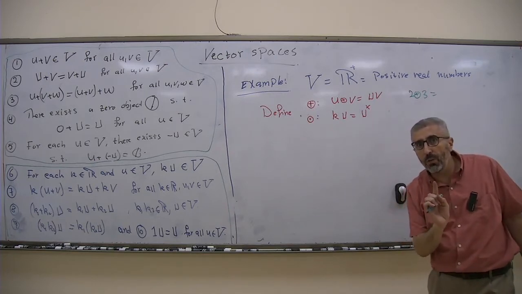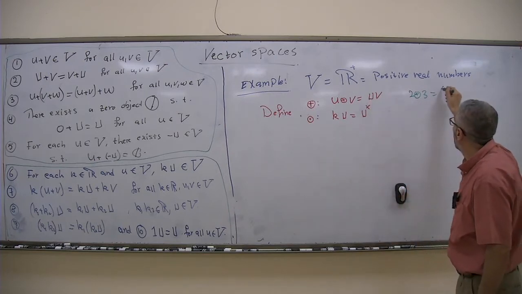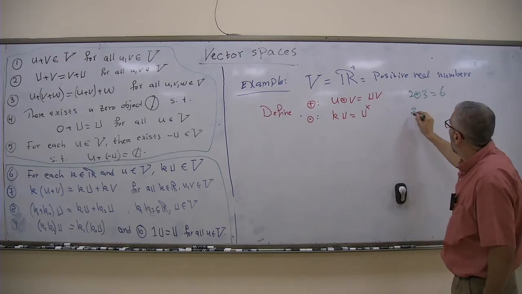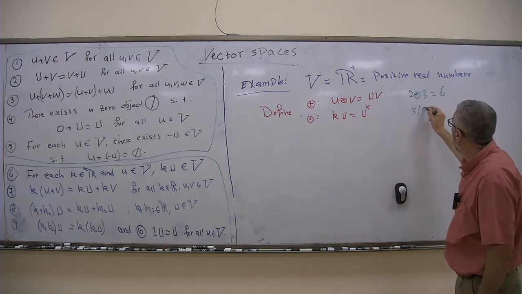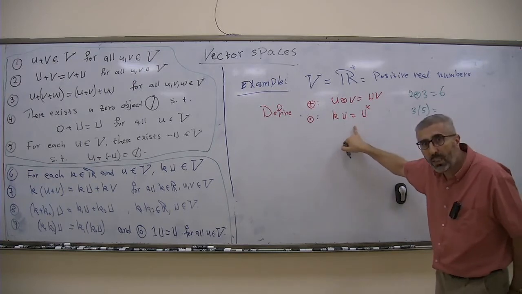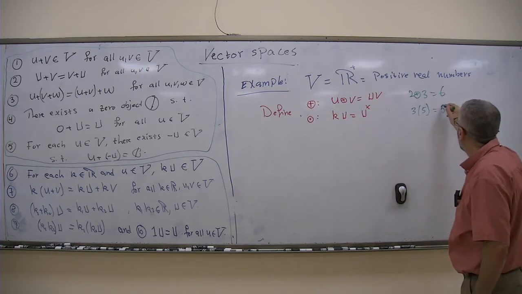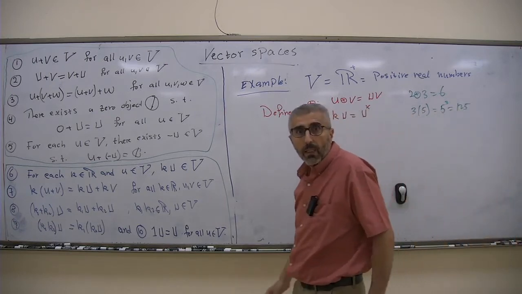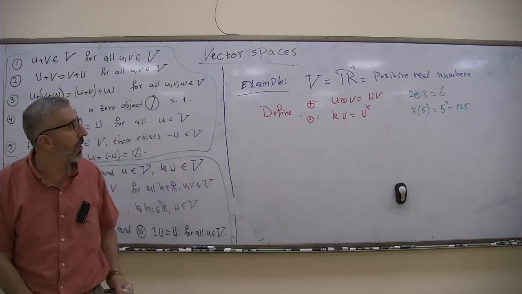Don't tell me it is 5. It is 2 times 3, which is 6. What is 3 multiplied by 5? Don't tell me it is 15. No, it is 5 exponent 3, and that is 125. We want our operation to do this.